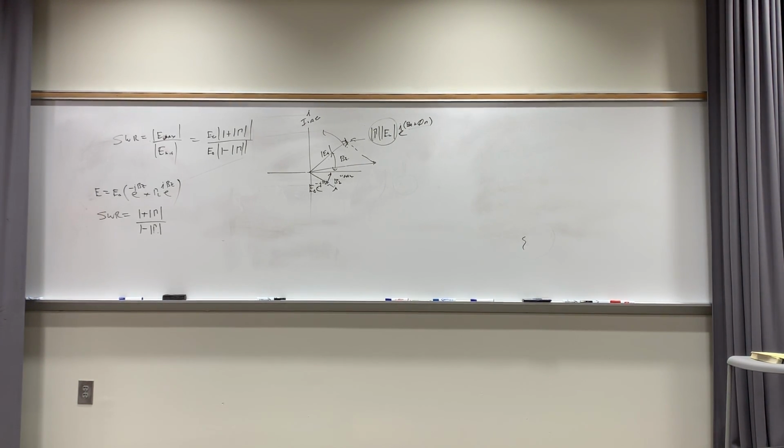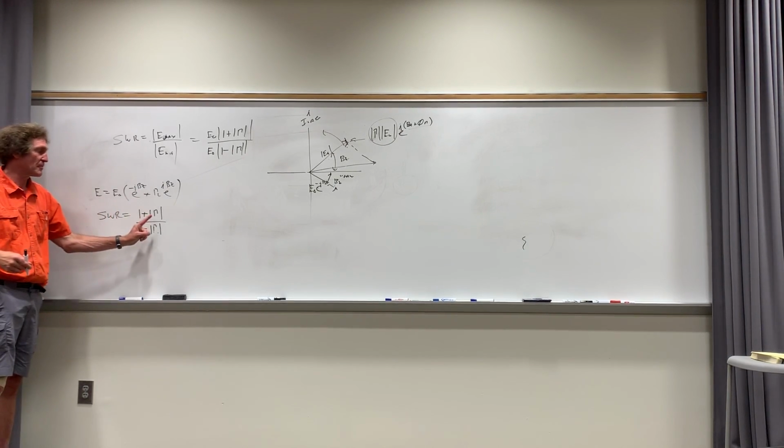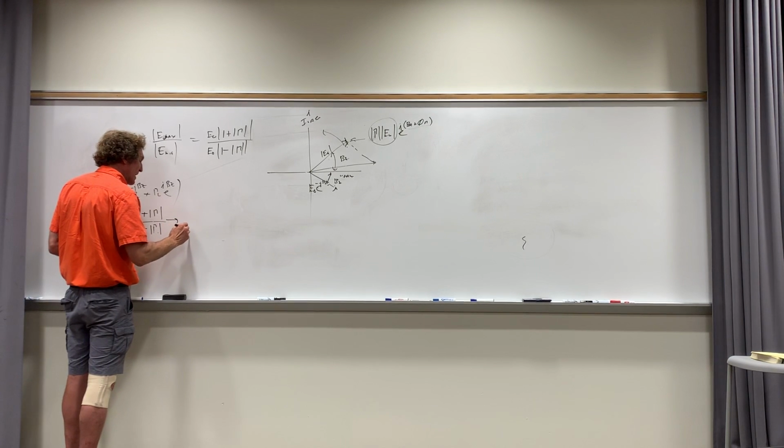That means the magnitude of the E field is the same everywhere. So the standing wave ratio, the minimum value and the maximum value are the same, it would be 1. And that's when the reflection coefficient is 0.